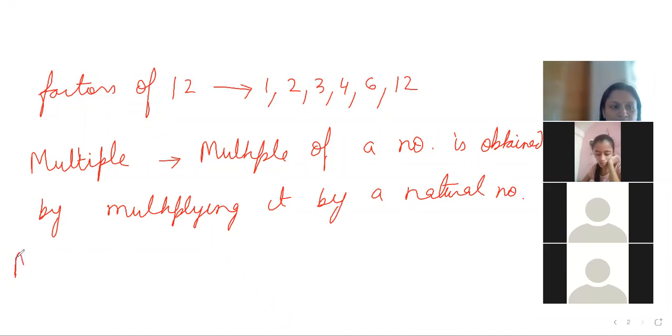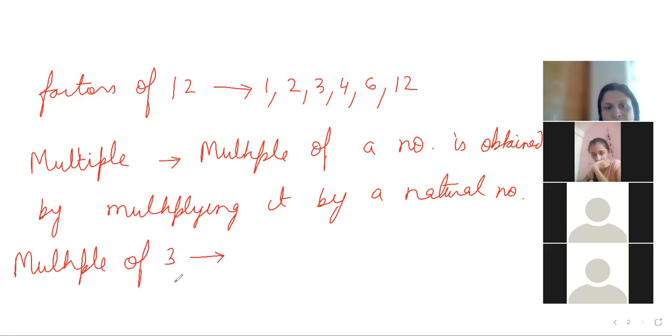Like if I want to know the multiples of 3, I will multiply 3 by 1. So what will I get? 3. I will multiply 3 by 2, then I get 6. I will multiply 3 by 3, so I got 9.